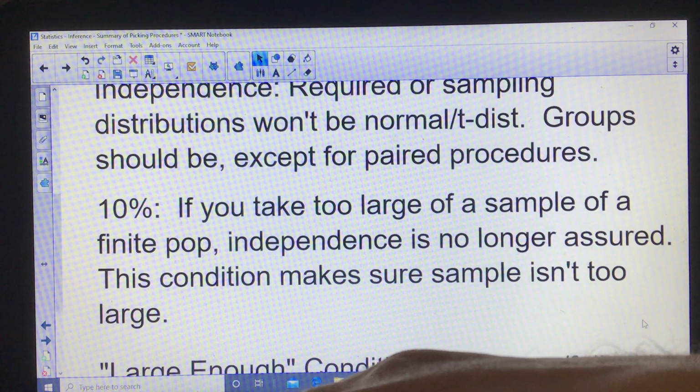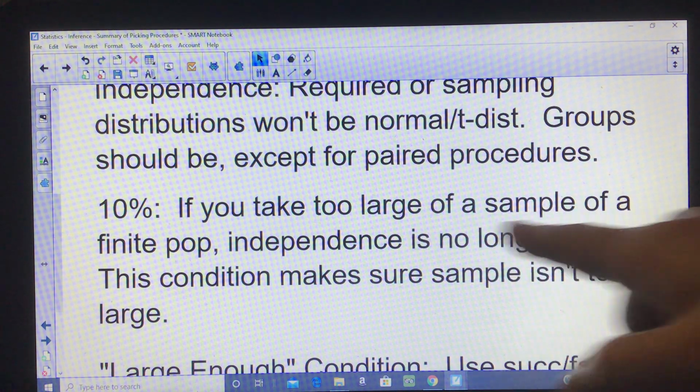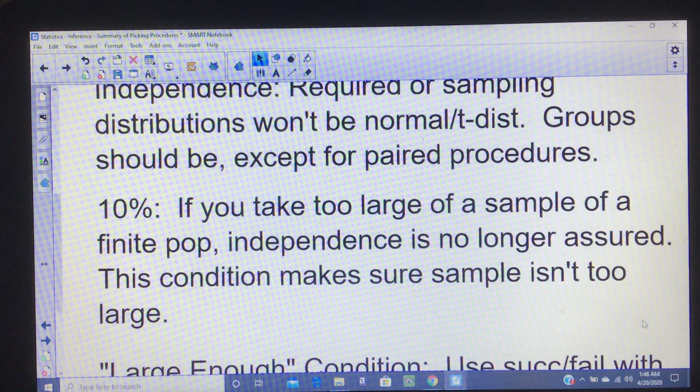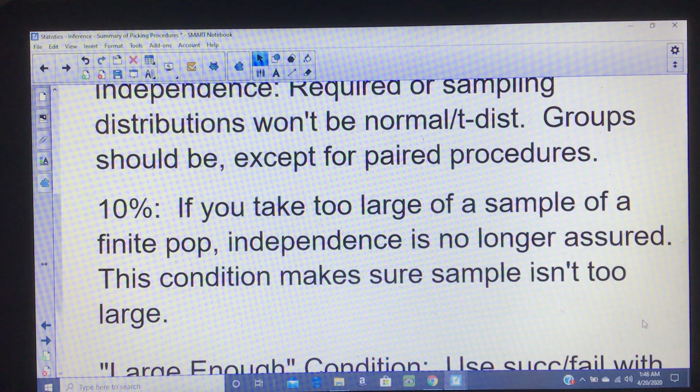The next condition that's talked about is the 10% condition. The problem with the 10% condition comes from the problem of independence. If you take too large of a sample from a finite population, the trouble is when you take too many items, you start to lose independence. You've taken so many items out of the population, you start to change the probability that you might get a certain item.